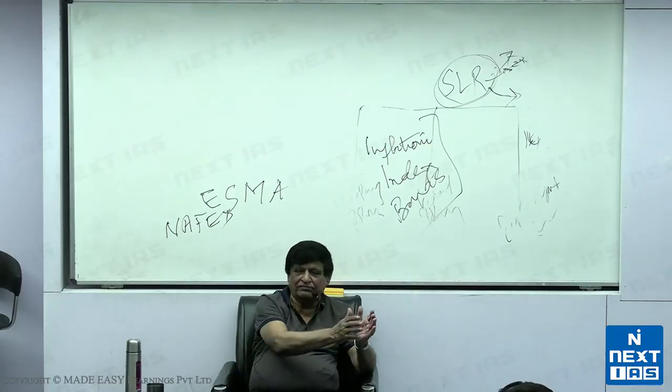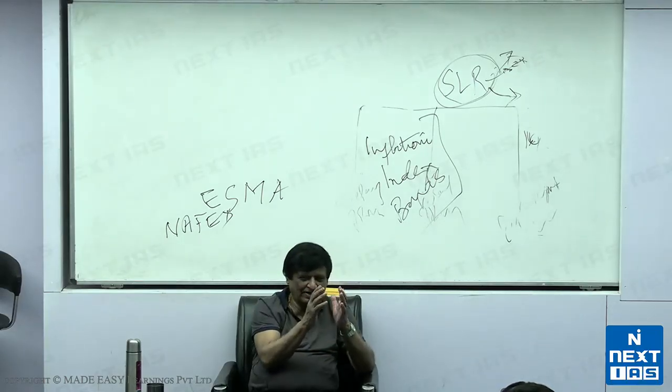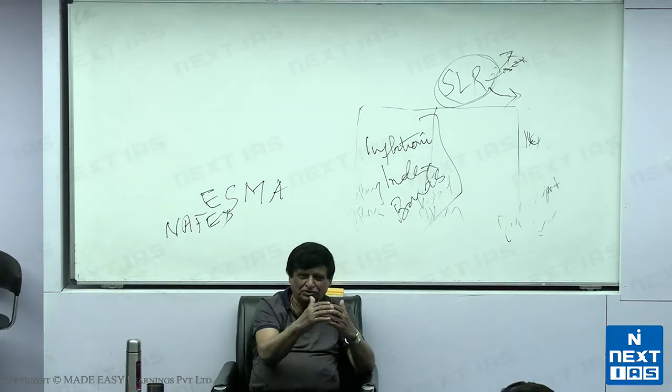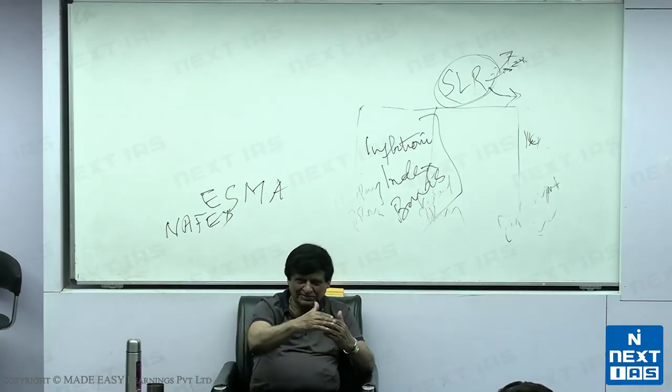6th to 8th of June was the MPC meeting. It meets bi-monthly, once in 2 months. Just think about it. RBI decided to have a pause on increasing repo rate. Right? It came in newspapers.